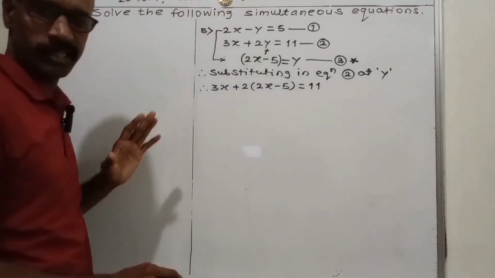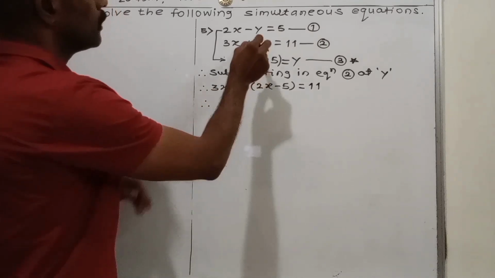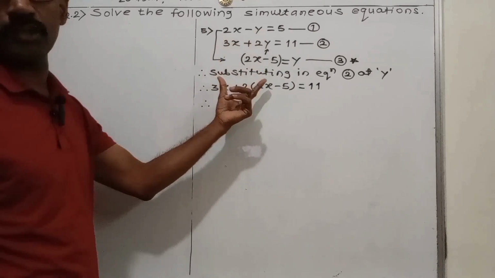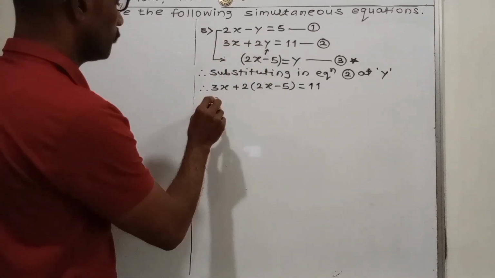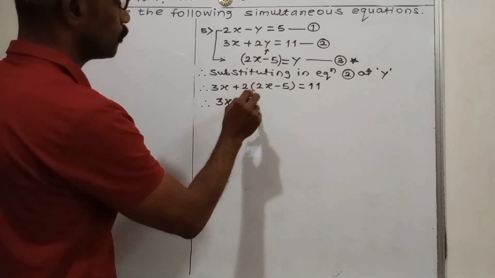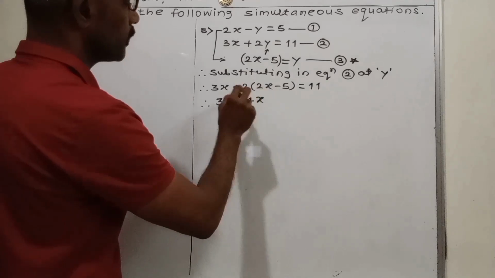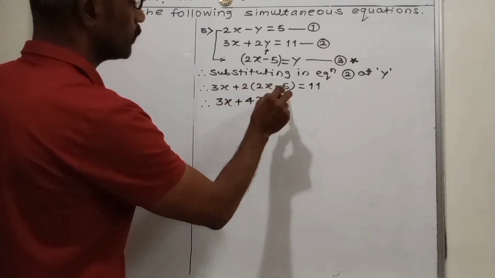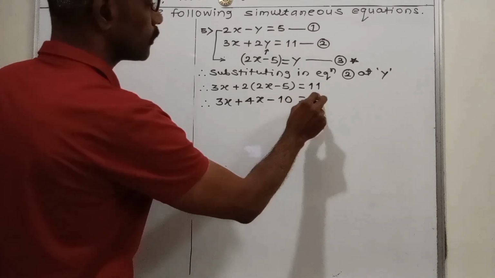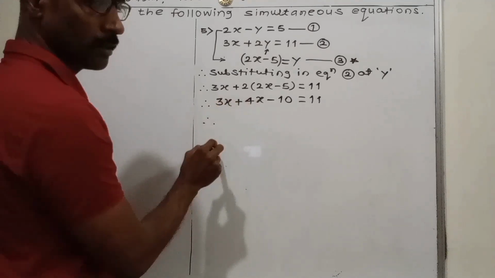Did you get it? Very simple method. And we convert two variables into a single variable. Therefore 3x plus 2 into 2x, 4x, and this x, plus into minus, minus 2 into 5, 10 is equal to 11. Now these are like terms.